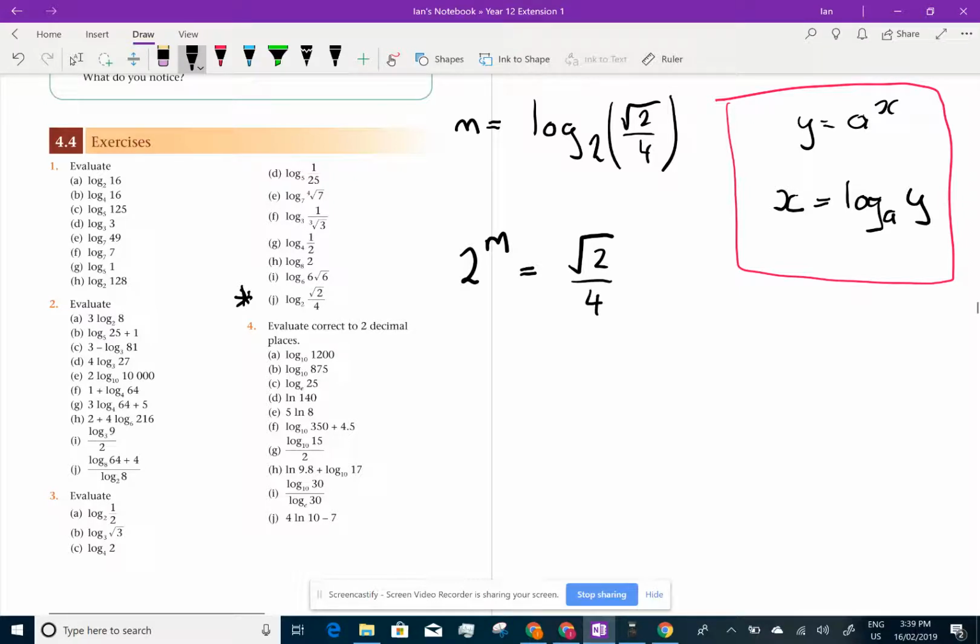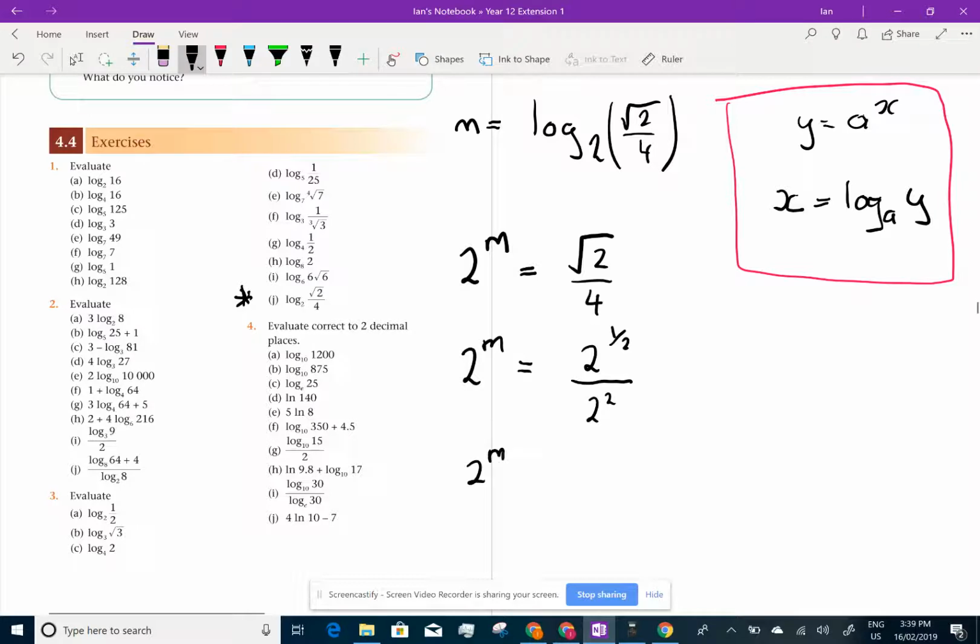And immediately you're thinking, oh my God, how am I going to do that? You've got to understand that you can write everything in base 2 in index notation. Well, root 2, that's pretty easy. That's 2 to a half, we know that. And 4 we can write as 2 squared.